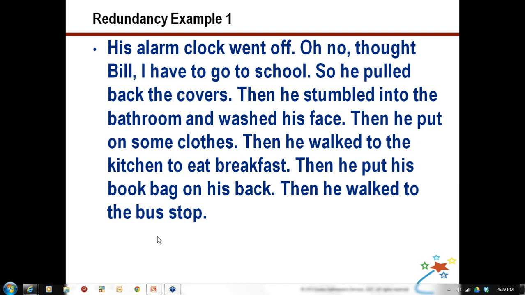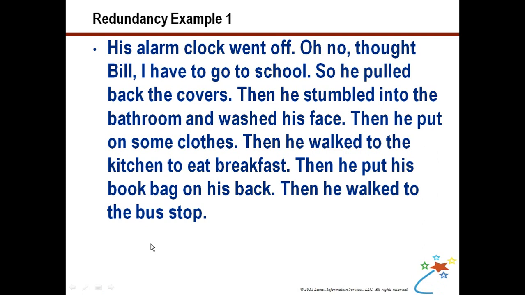You're absolutely right. One of the things that I tell students in a writing workshop that I give in schools is that I found many middle school authors overuse the word then or sometimes the word next when they're describing events that happen.